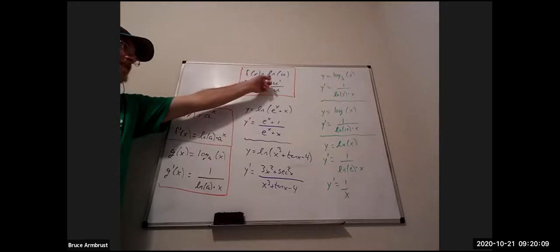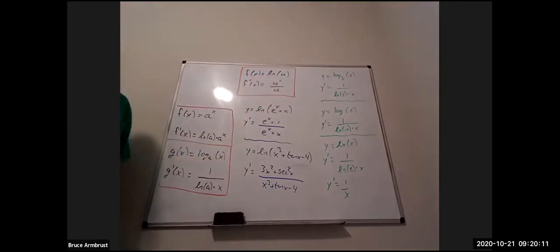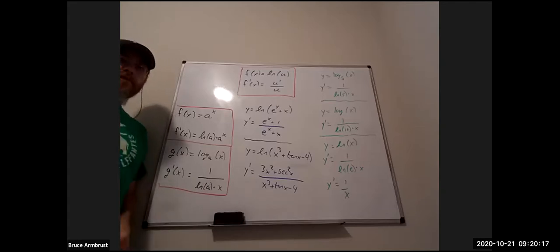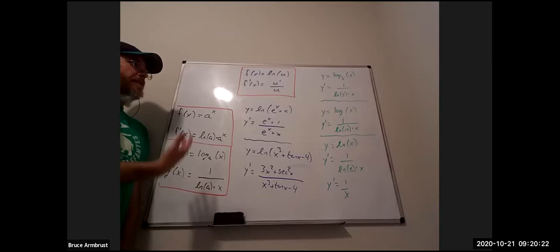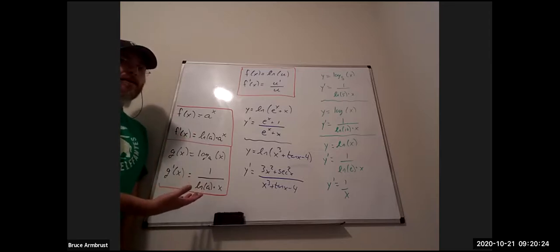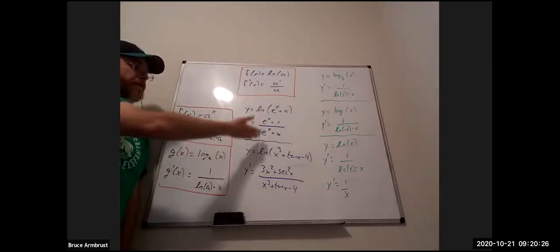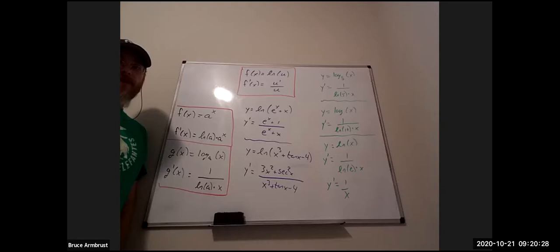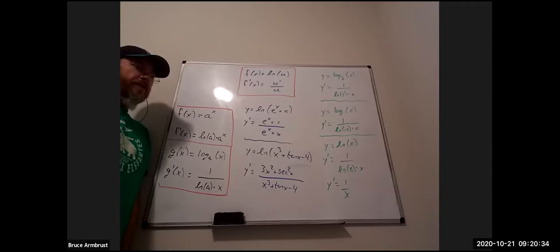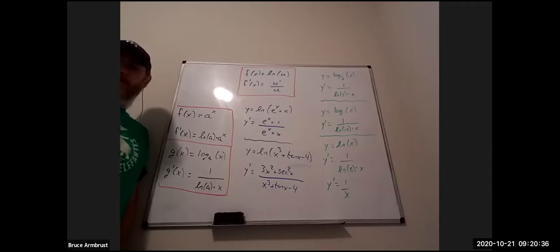So I'm just specifying I've got a log, not what's inside of it. All right, so hopefully you're seeing that these aren't that bad. And in fact, logs are really fast, even when you've got stuff inside, because the chain rule just makes it so that you've got the derivative of that stuff on top of the original function.